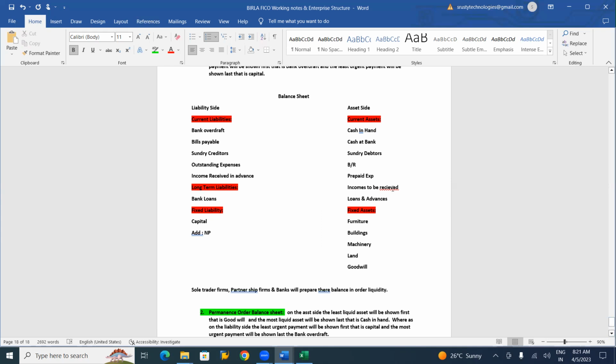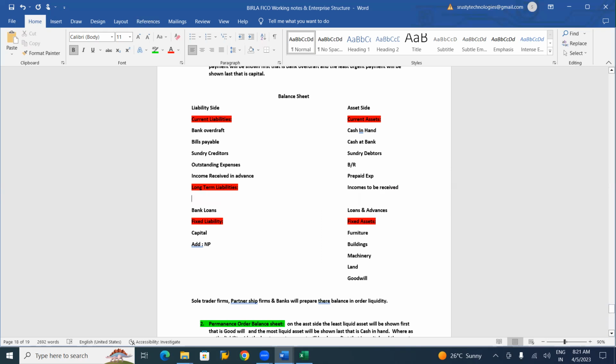Under current assets, the stock would be the first item, and the last item should be cash in hand. Under fixed assets, after goodwill come land and machinery, but the last should be furniture.